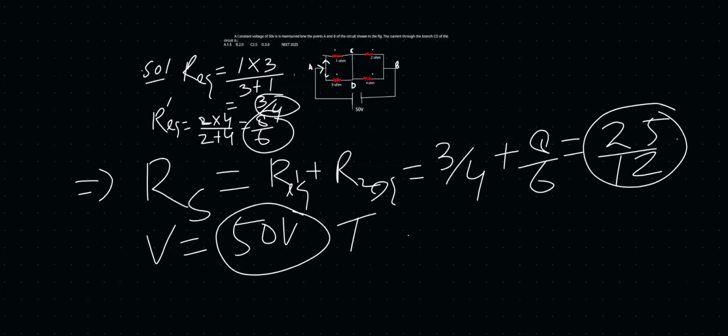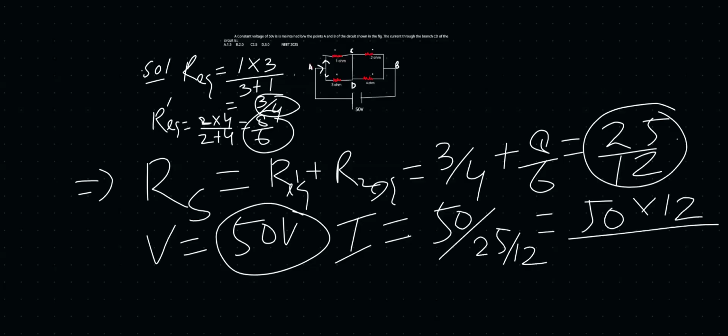That is 50 into 12 divided by 25. So I equals 2 twelves, which is 24. So I is equal to 24 ampere of current flowing through the circuit.